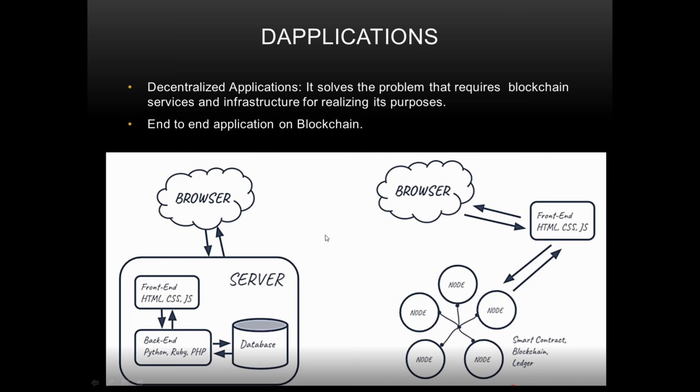Let's see what this actually has. Okay, so this one is the centralized applications, the applications which we are using today. Here you have the browser, and here you have a front end. This is where the user communicates. It will communicate to the back end, which is at the server point, and then the back end directly connects to a database where all the data is stored.